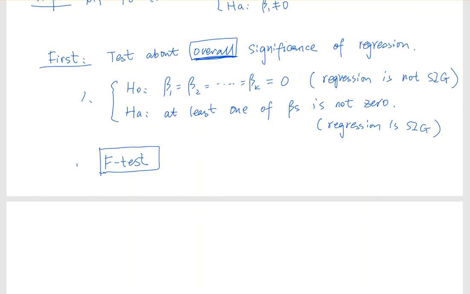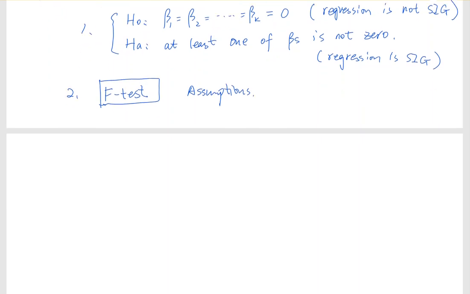But of course, for the second step, before you calculate the test statistic, you need to check the assumptions. We have already talked about the assumptions, and next we will talk about the F-test statistic.